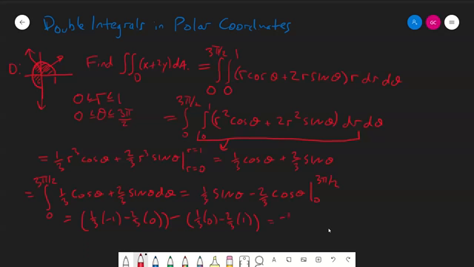So what do we have? Negative 1/3 minus 0 minus the quantity 0 minus 2/3. So that'll be negative 1/3 plus 2/3, so positive 1/3.